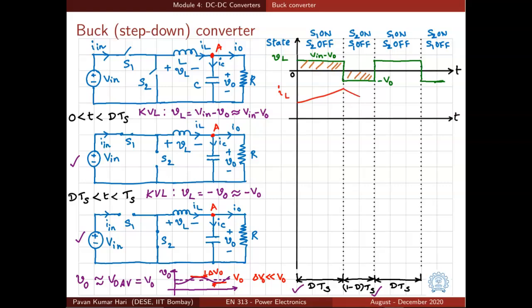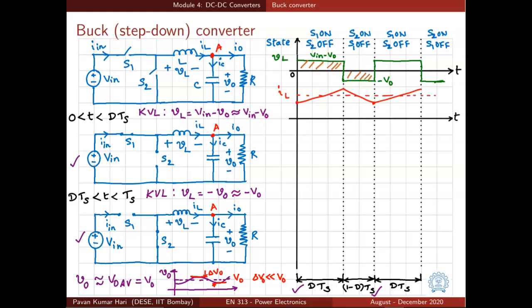It will again fall linearly because the voltage across inductor is almost constant, minus VO, with our small ripple approximation, and it will reach the same point at the end of this cycle, and this is going to repeat in every cycle. So the inductor current is going to be like a triangular waveform with certain average value.